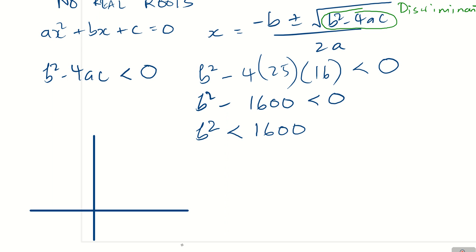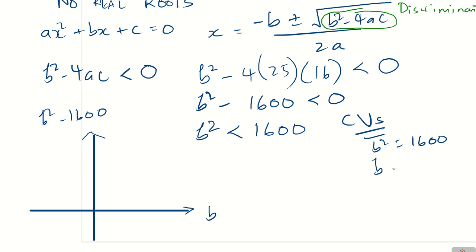Okay, and then I'll go back to looking at b squared minus 1600. Right, the graph, we know the critical values are when b squared is equal to 1600. So b will equal plus or minus 40. Okay, so the graph is going to look like this: plus 40, minus 40, and when I draw it, it's going to look something like that.